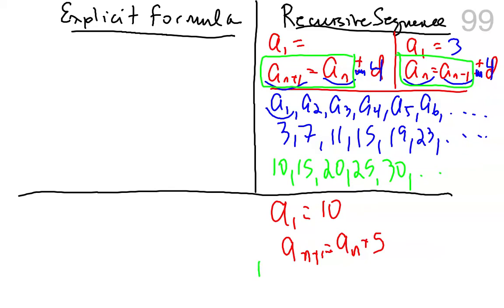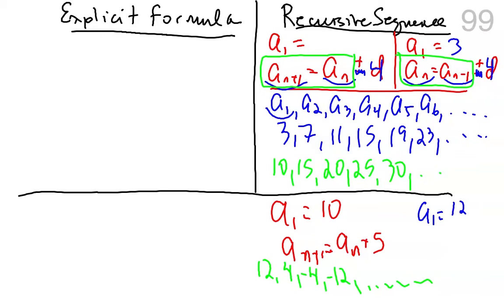Ready? It goes 12, 4, negative 4, negative 12. Okay, so what's a sub 1? 12.